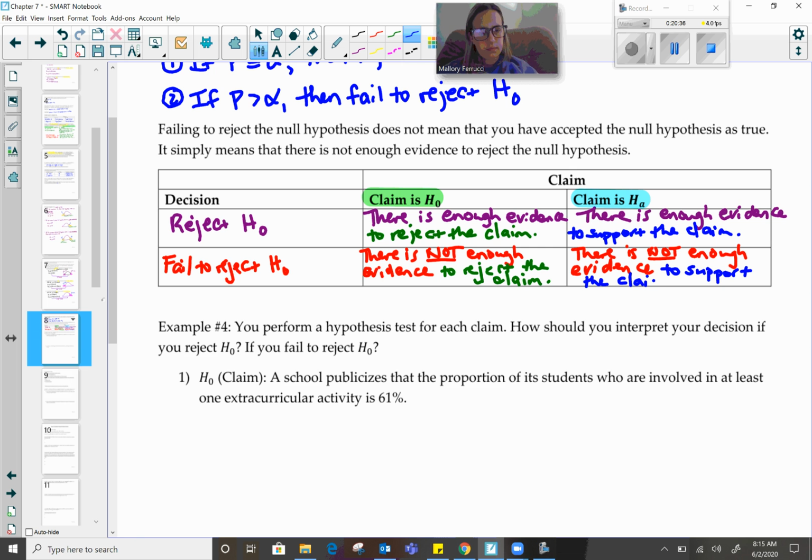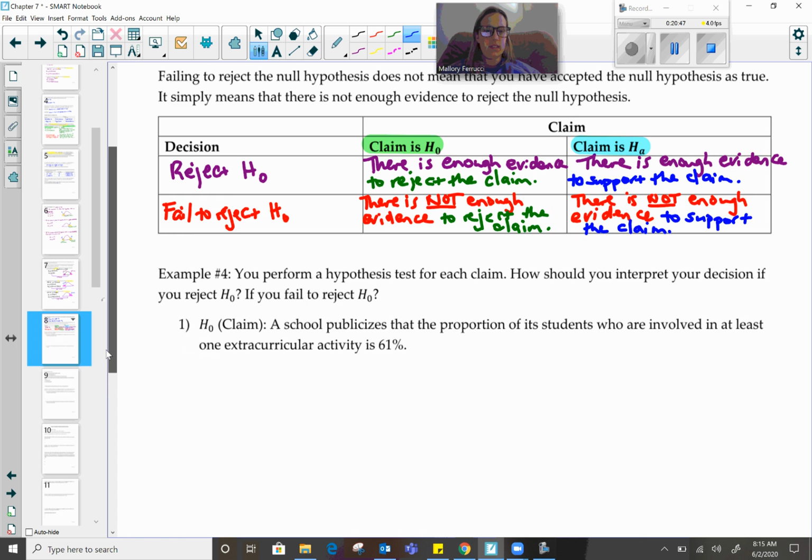Okay. So that would be the ending if the initial claim was the alternative hypothesis. Okay, so let's try to put this into practice.